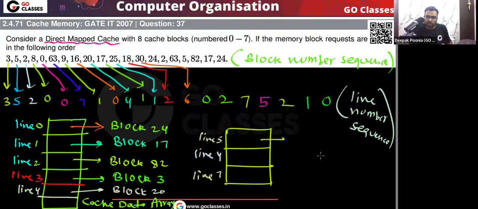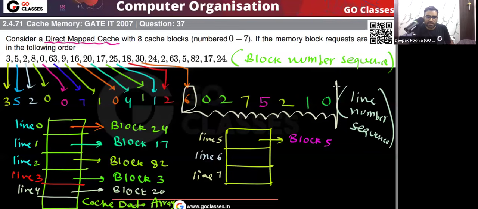So let's see, what about line number 5? Which block will be there in line number 5? From the end keep going. This is 5, so that simply means in line number 5, block number 5 will be there. What about line number 6? In line number 6, from the end keep going. Where are we getting line number 6? Here I am getting line number 6.